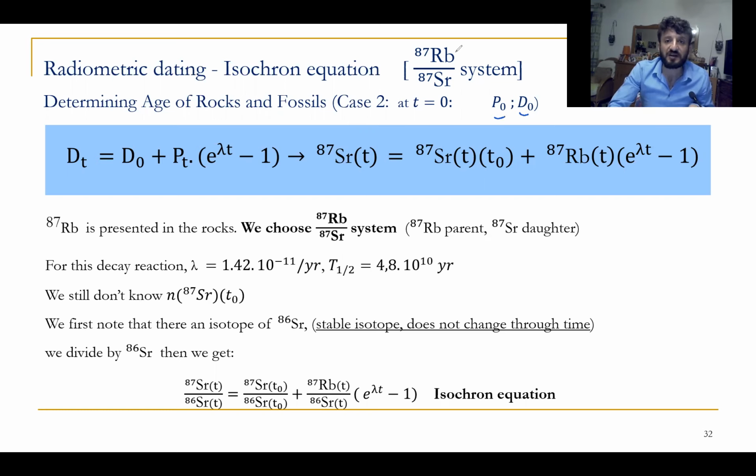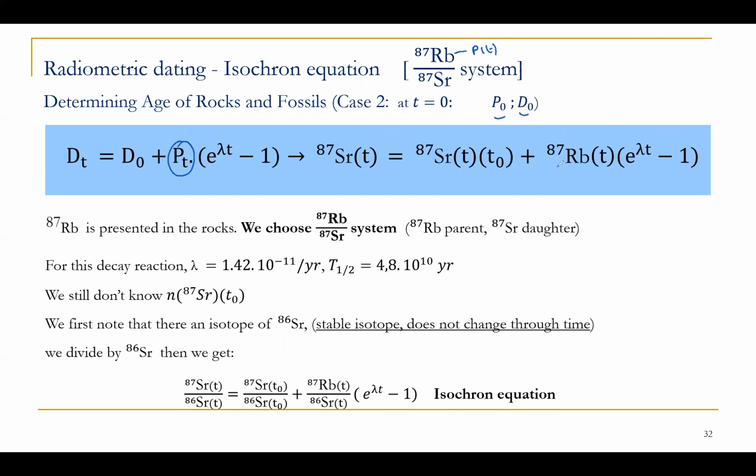In this case, Rb is a parent atom, Pt. We can substitute its value here. We put Rb87, and Dt and D0 are the number of strontium at a time t and the number of strontium at initial time.